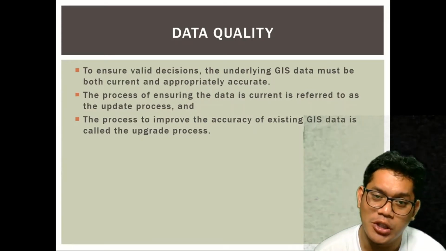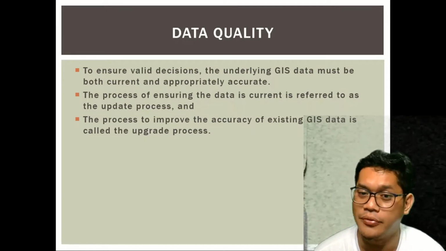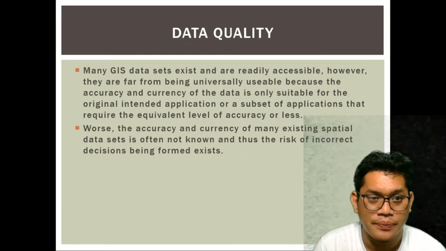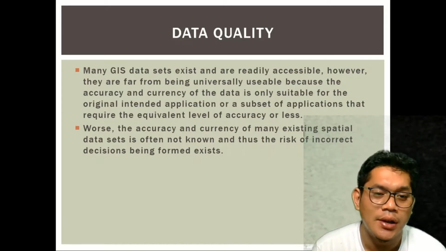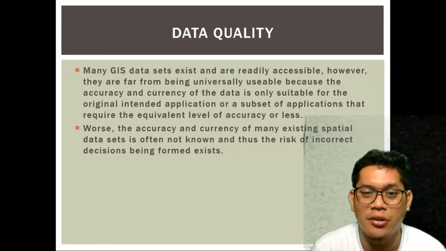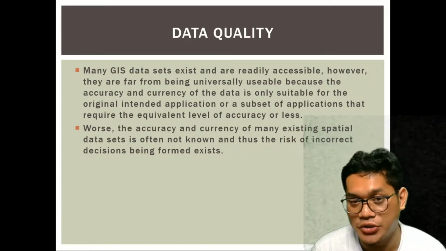The process to ensure the data is current is referred to as the update, and to improve the accuracy of existing data is called the upgrade process. Many GIS datasets exist and are readily accessible. However, they are far from being universally usable, because the accuracy and currency of the data are only suitable for the original intended application.